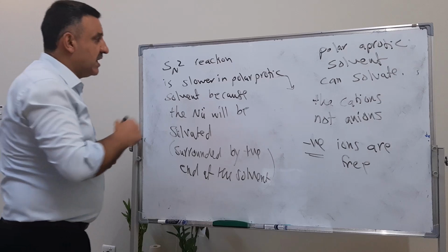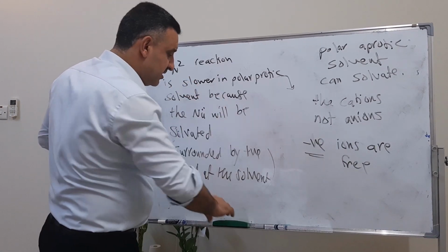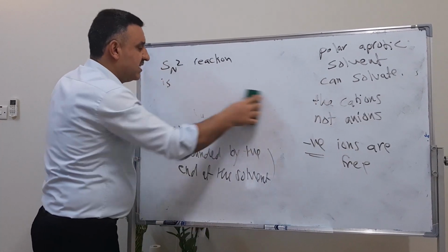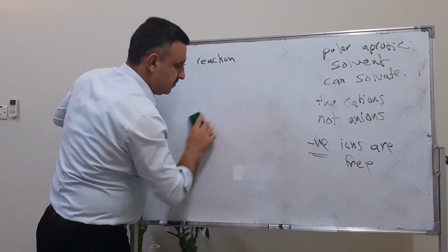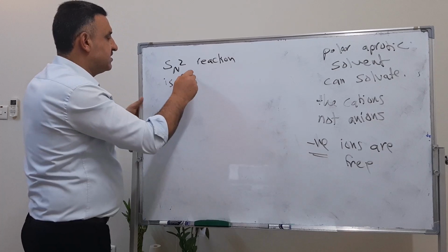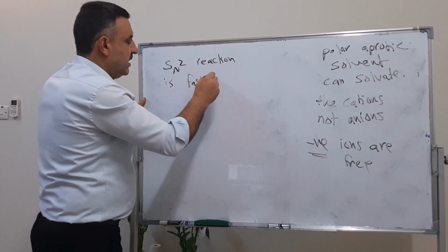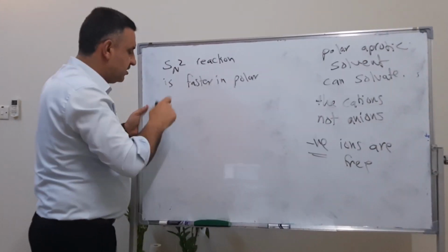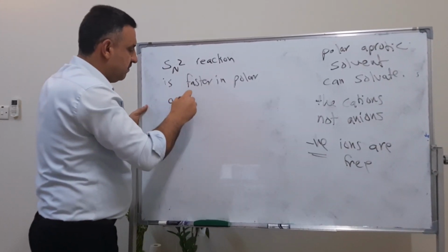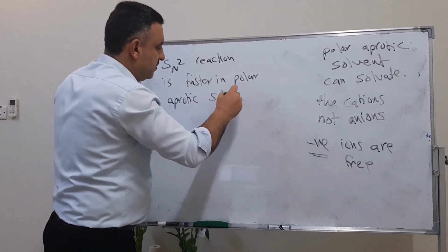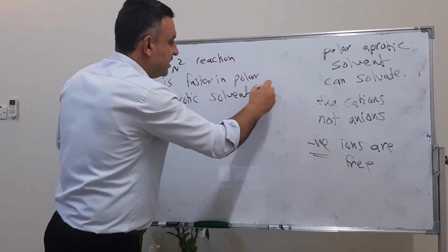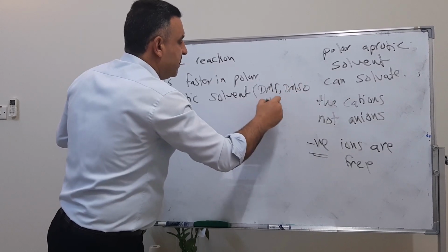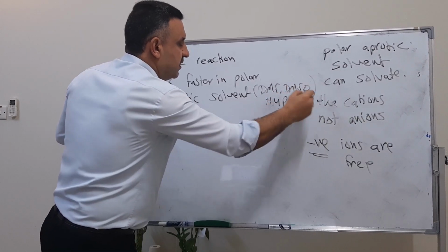Therefore, the SN2 reaction is faster in polar aprotic solvents, such as, for example, DMF, DMSO, HMPA, and so on and so forth.